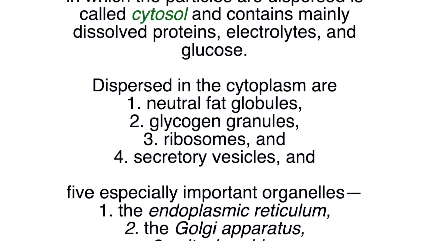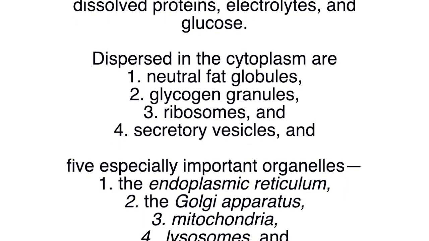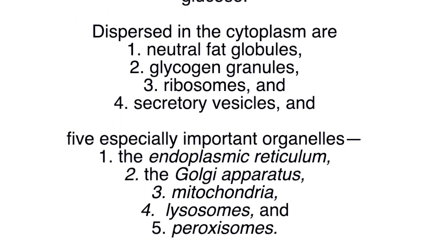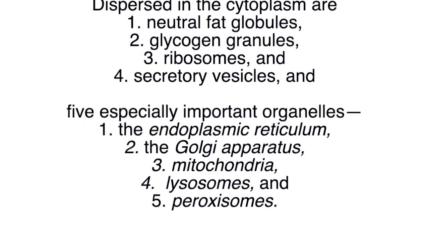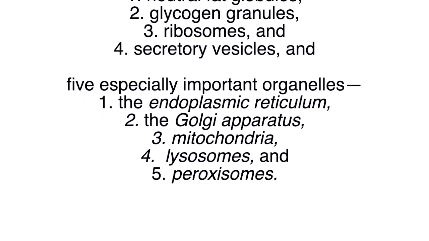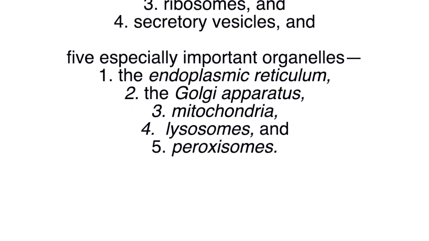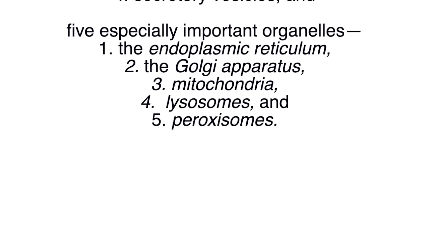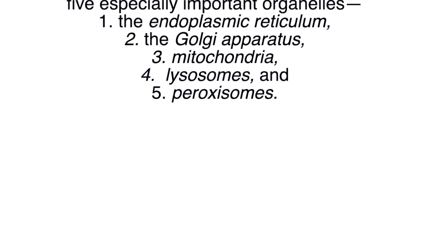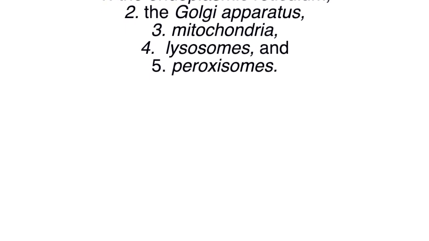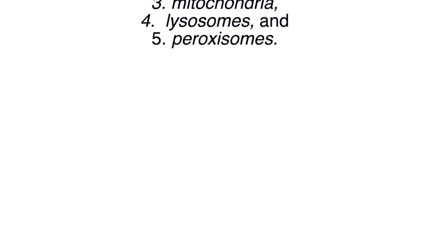Dispersed in the cytoplasm are neutral fat globules, glycogen granules, ribosomes, and secretory vesicles, and five especially important organelles: the endoplasmic reticulum, Golgi apparatus, mitochondria, lysosomes, and peroxisomes.